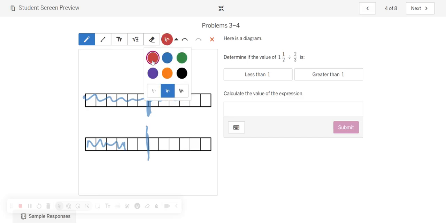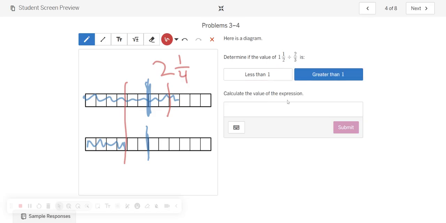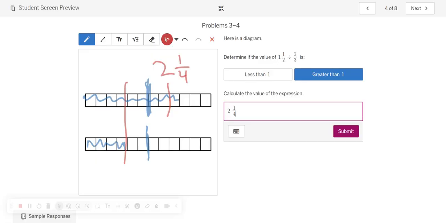I'm going to switch color, and 4, 4, and I've got 1 left over. That's 2 wholes and 1 out of 1, 2, 3, 4. There's 4 parts. So 2 and 1/4. Oh, greater than 1. Definitely greater than 1. And then 2 and 1/4.